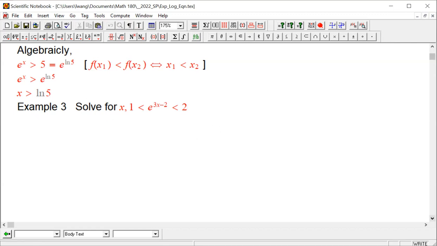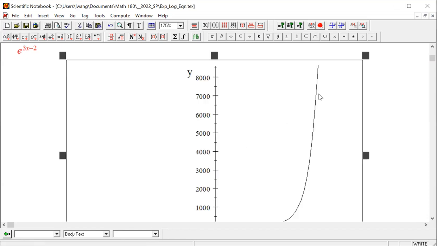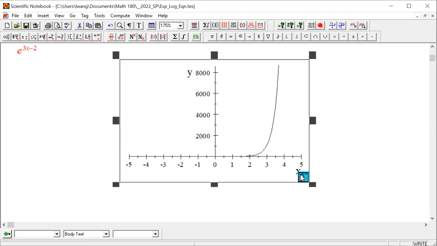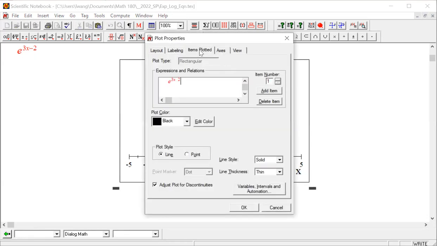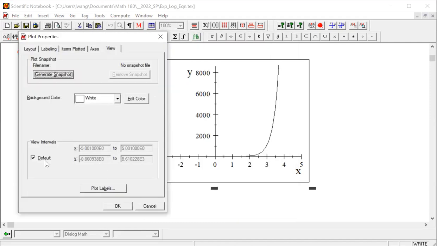If you look at the function perspective, you can just graph this function, right? You graph it, so this is a curve. We know the domain is all real numbers, right? We're making some adjustment so we can have a nice frame. It's going to be positive, the whole thing is going to be positive.